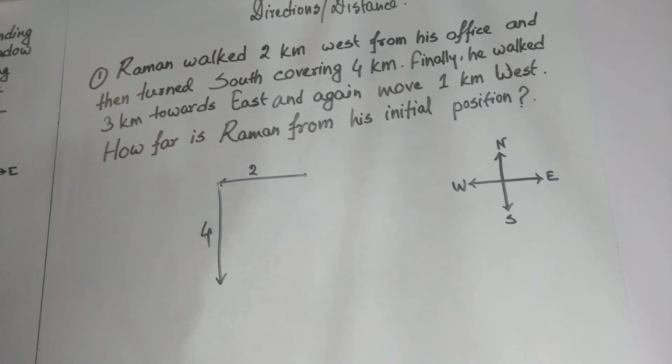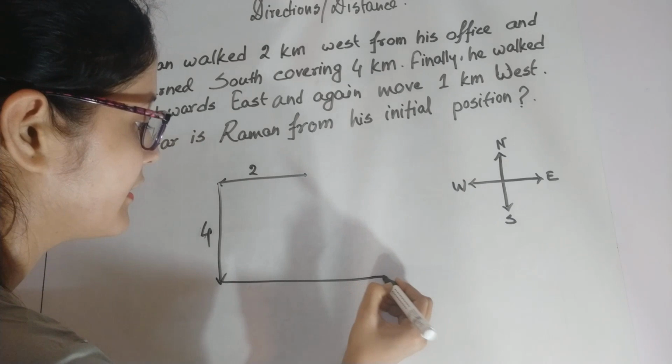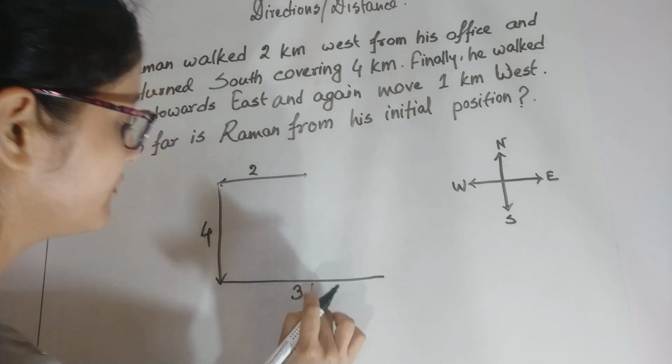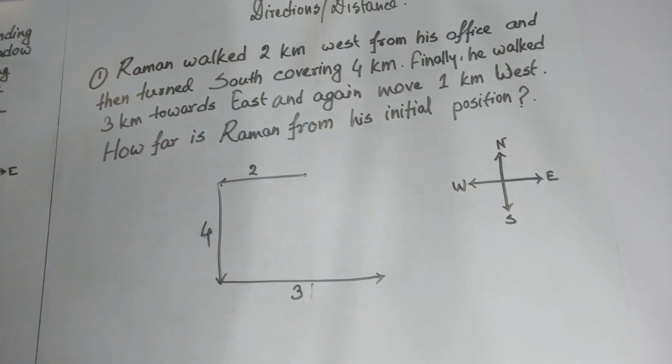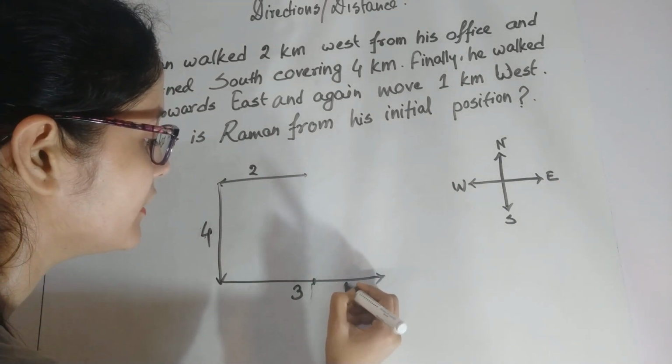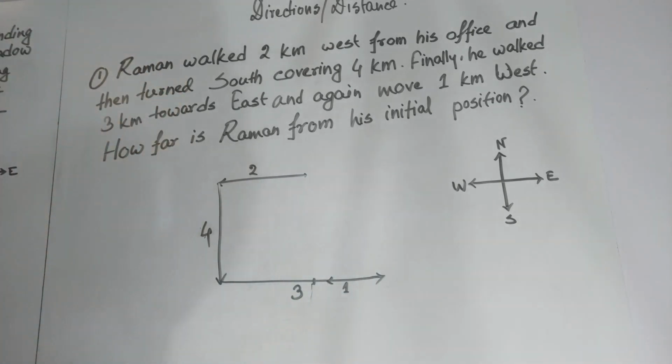Then finally he walked 3 km towards east, in east direction, and again moved 1 km west. That means again he moved 1 km in this direction.